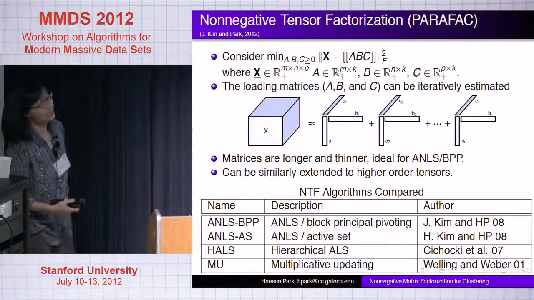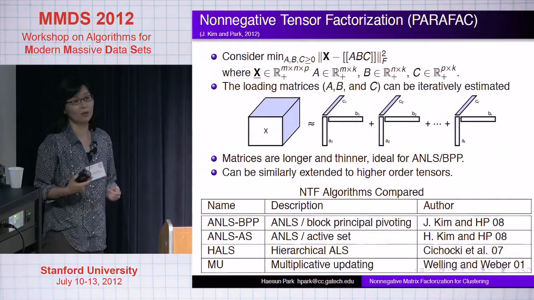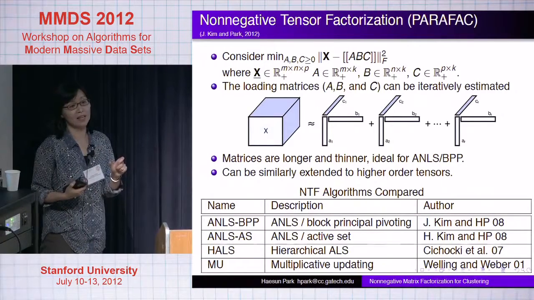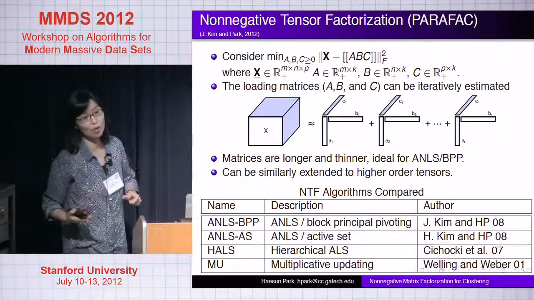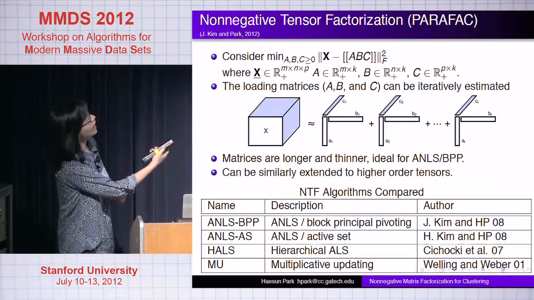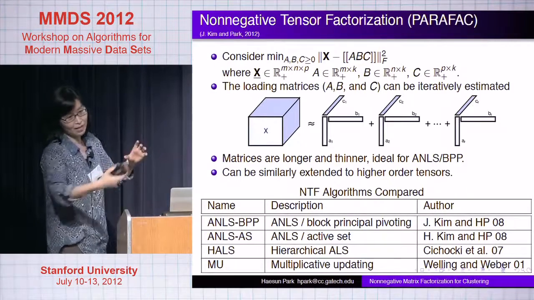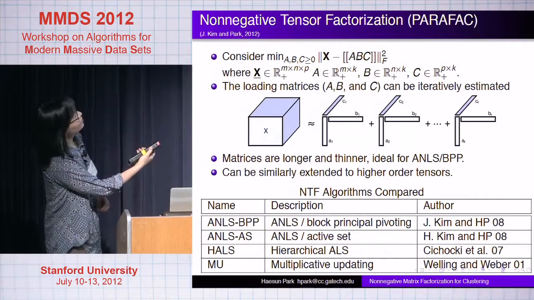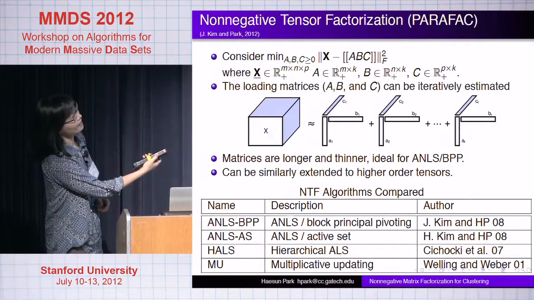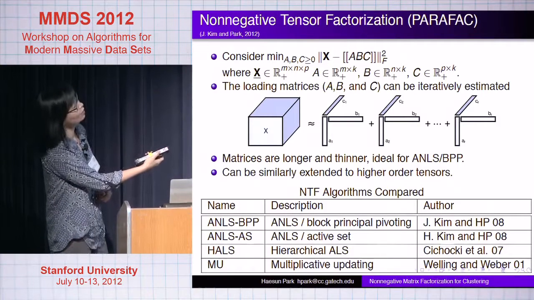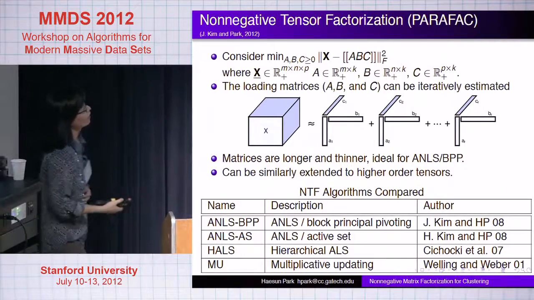If the tensor is order q, instead of the two subproblems that occurred in the ANLS framework, we have to solve q subproblems, and each subproblem is actually very long and thin because we flatten the tensor. So the matrices are longer and thinner, and that is ideal for ANLS with BPP. It's designed to work well in this situation.